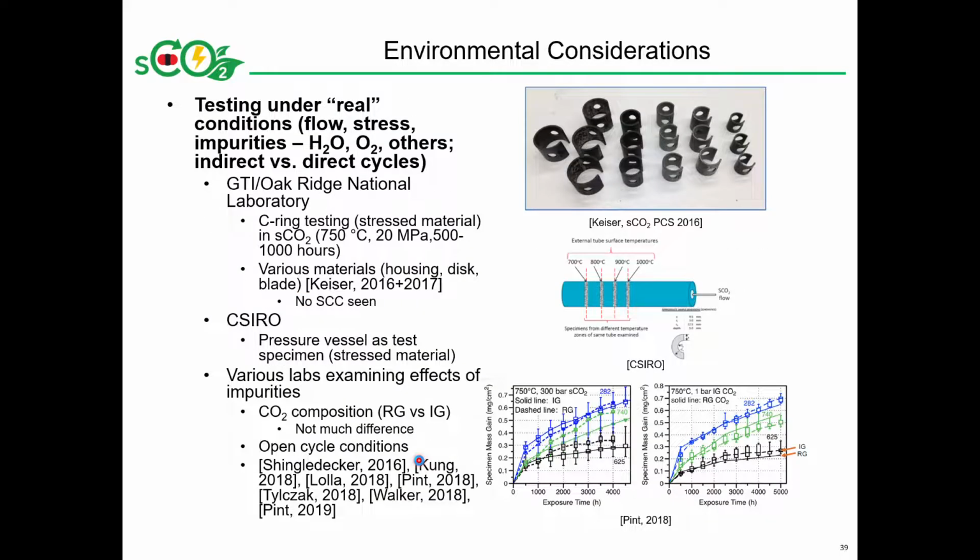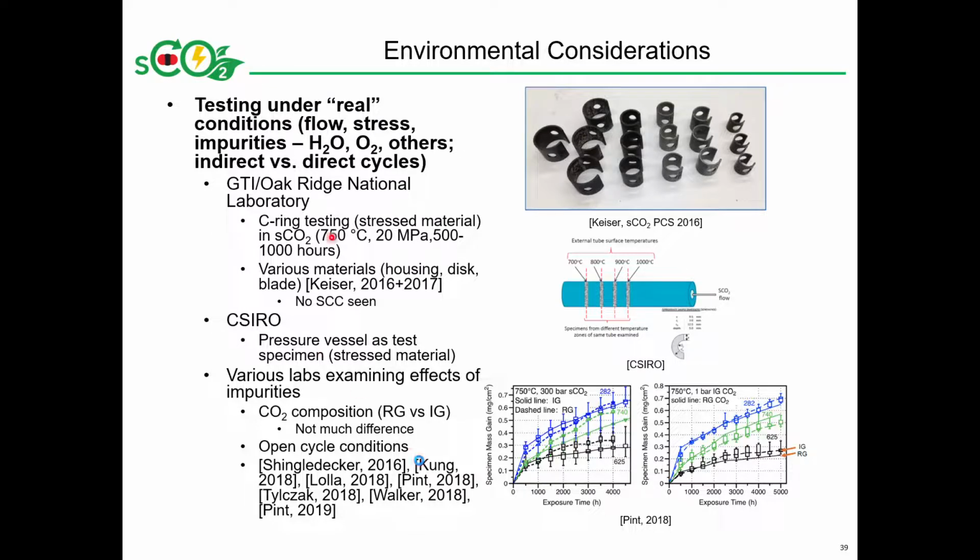In terms of testing under real conditions, the testing for the most part has been done in static conditions under no stress to the component. Usually there is not much in terms of impurities, for the various closed cycles that we might see as well as the direct cycles, in the fluids in those cycles.